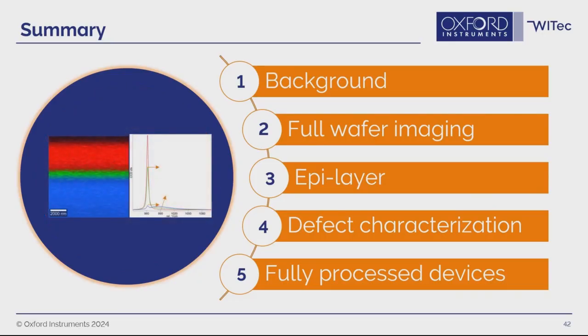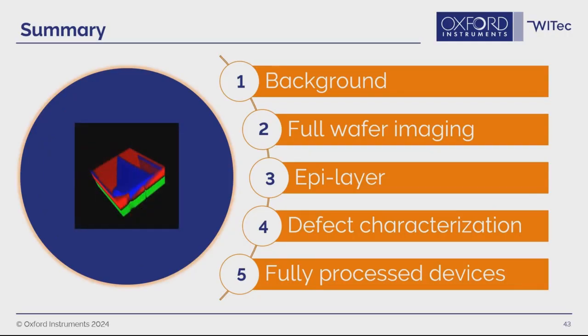In the third part of this talk, we had a look at epi layers, so we compared 3 differently processed wafers in terms of the thickness of the epi layer and doping concentration. A large part of this talk was about defect characterization, so we investigated a triangular defect with Raman and with photoluminescence.